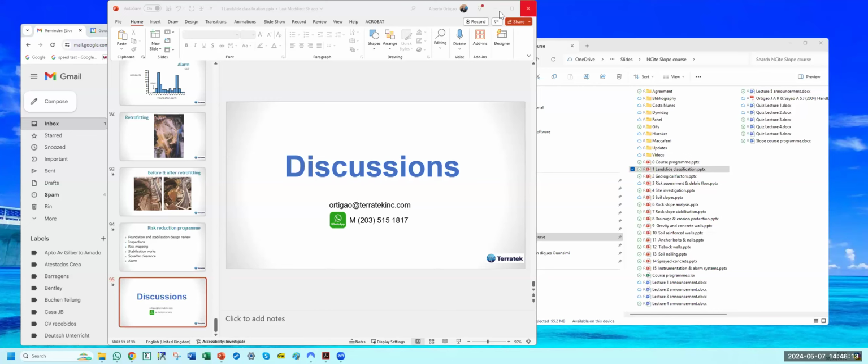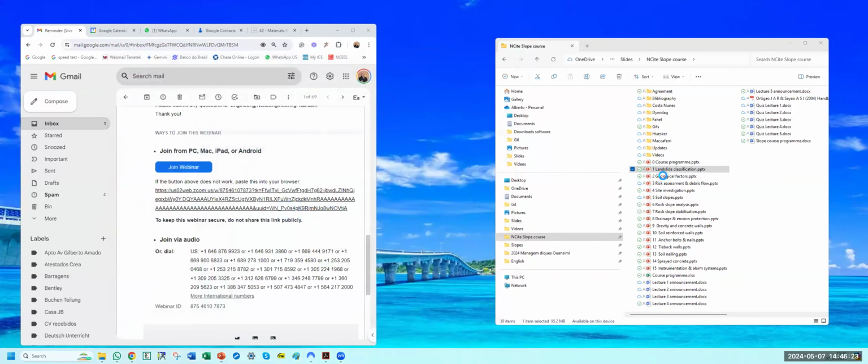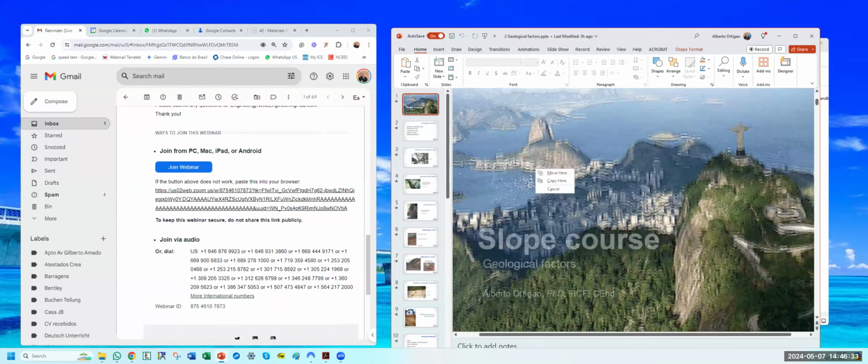Okay, let's go to the next step, which is going to be the geological factors. And if you have any question, please write in the chat, and I'll be able to answer or discuss anything that you might be interested in.